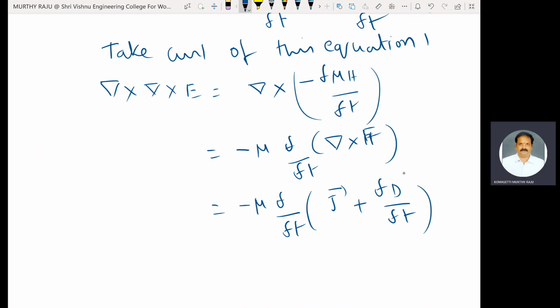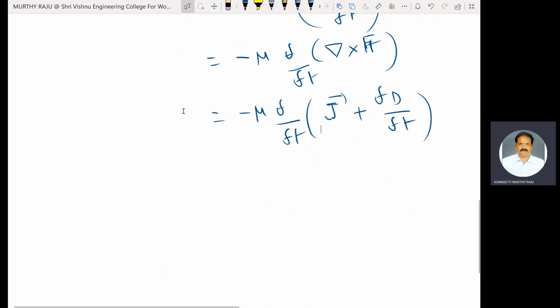Del cross H, the first Maxwell's equation in time varying fields. This is the conduction current density and the displacement current density. That is equal to minus mu dou by dou t of J plus dou D by dou t.